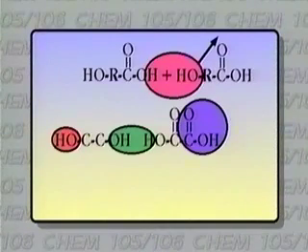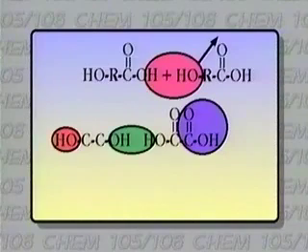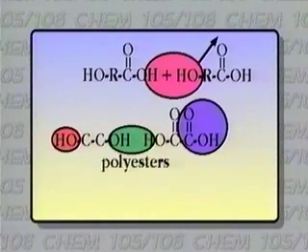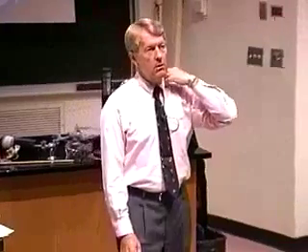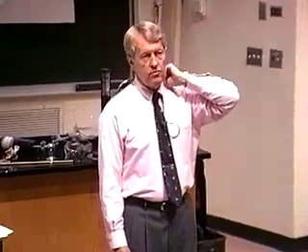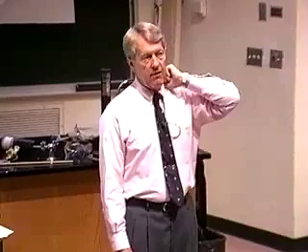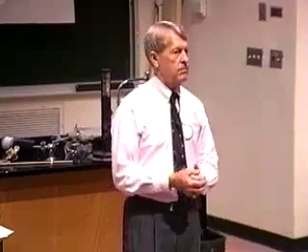And what is the prefix we use for many? Poly. And so we have a chemical called polyester. Anybody ever hear of polyester? Well, polyester has been used for many years as a fiber to make clothing.